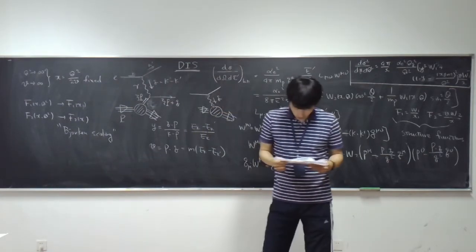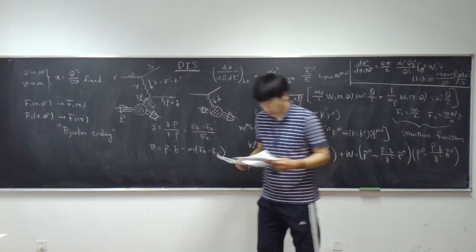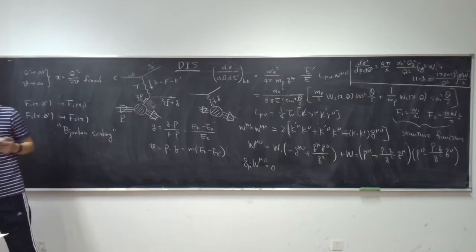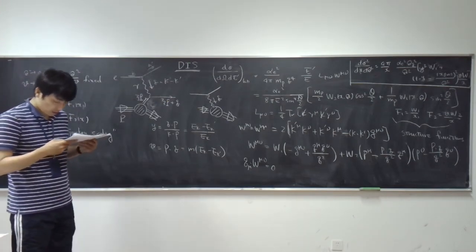Okay, so this behavior is called Bjorken scaling, and I'm going to explain how this Bjorken scaling can be explained by using the parton model.